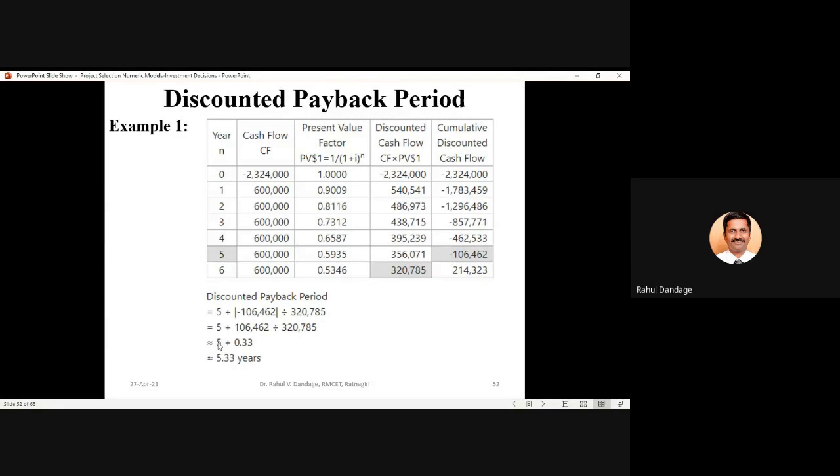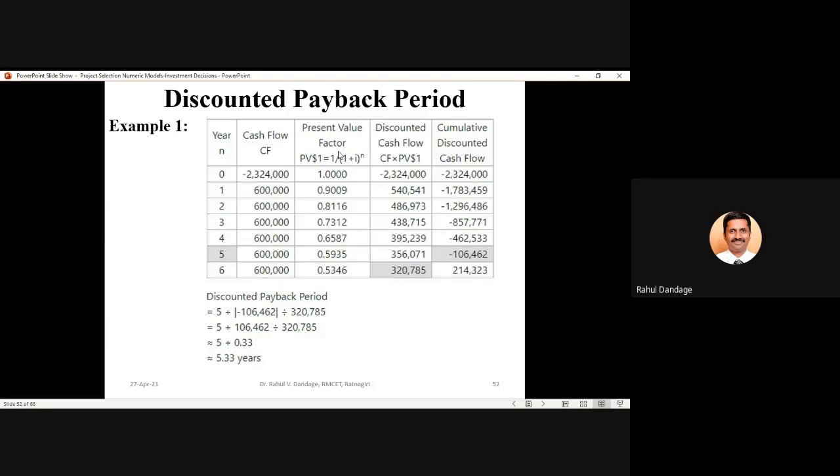So this is a tabular format. Cash flows are given. This is the investment, so I have indicated this cash flow as minus 2,324,000 at period 0. And these are all $6 lakh for years 1 to 6. These are all the net cash inflows per year.